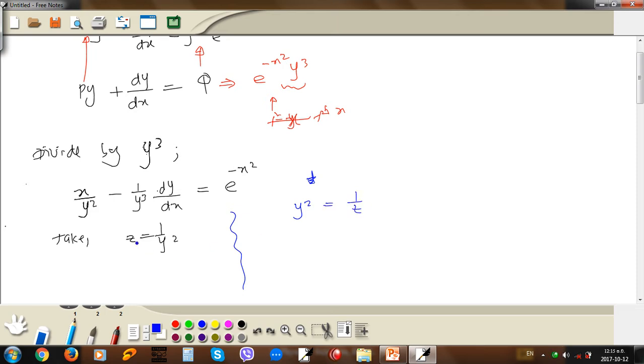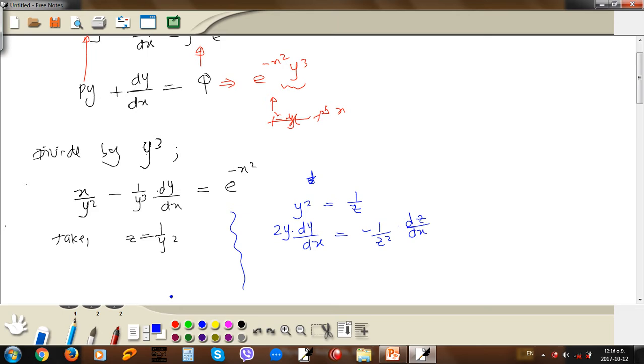Then I differentiate: 2y times dy by dx equals, 1 over z, z to the power minus 1, it means minus 1 over z square times dz over dx.